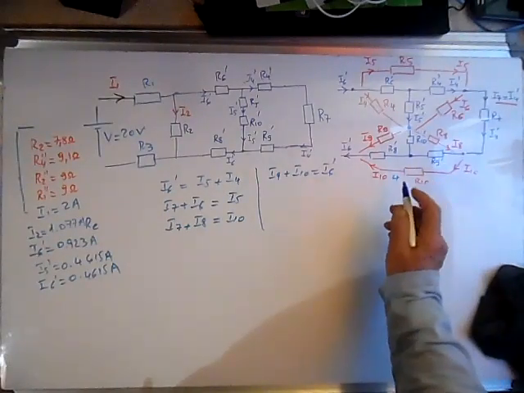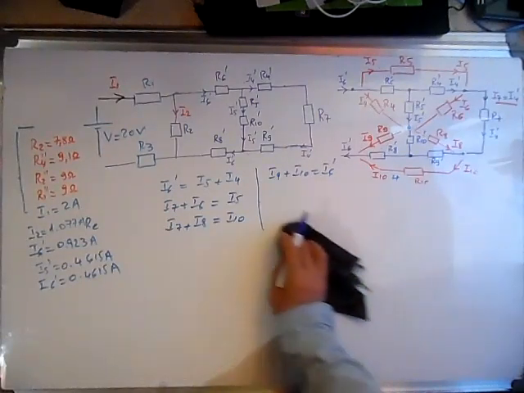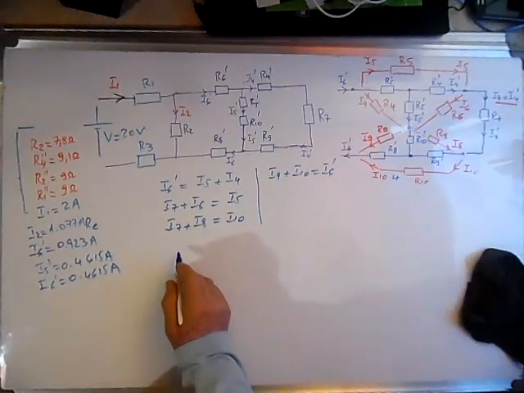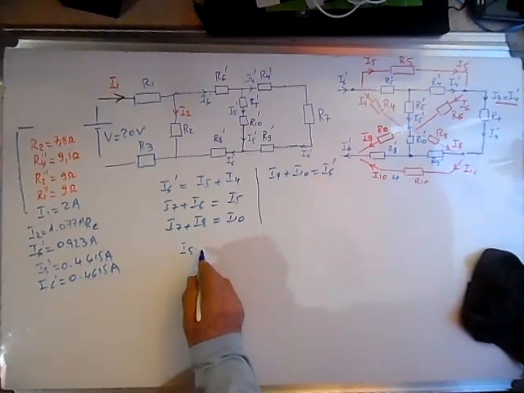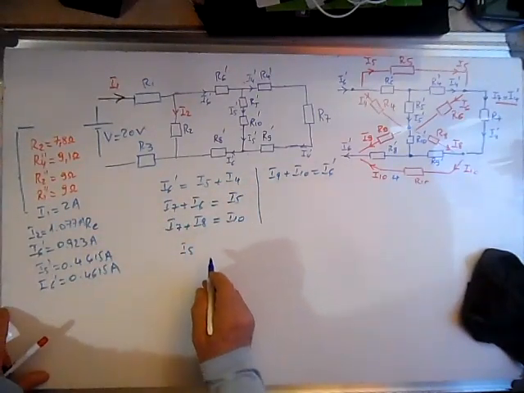And we are left now with, okay, let's calculate first I5. If we calculate I5, we can calculate I4, because I6 prime we know it.